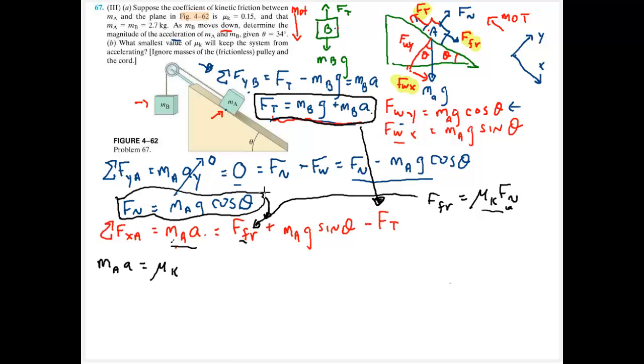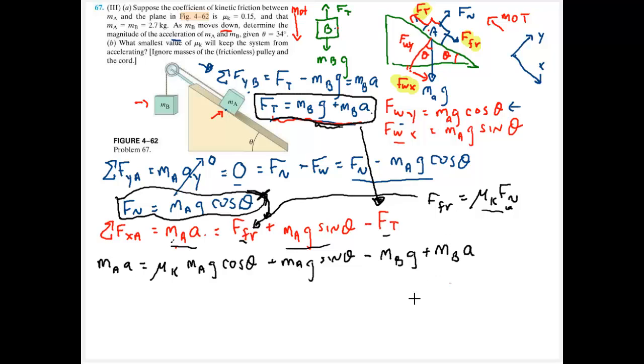Now my normal force I use from this guy right here, and that's going to be mass of A multiplied by gravity times cosine of the angle, plus that guy is unchanged, gravity times sine of the angle, minus the tensional force, which again I get from right up here, mass of B multiplied by gravity plus mass of B times the acceleration.